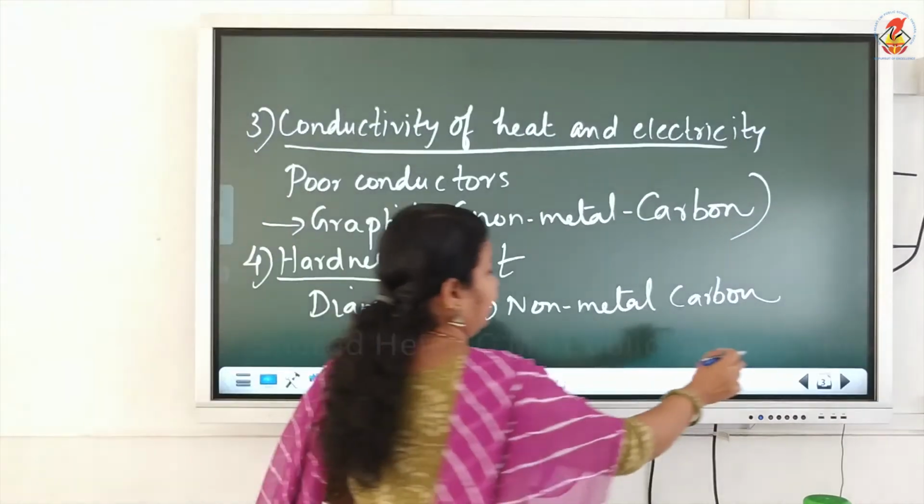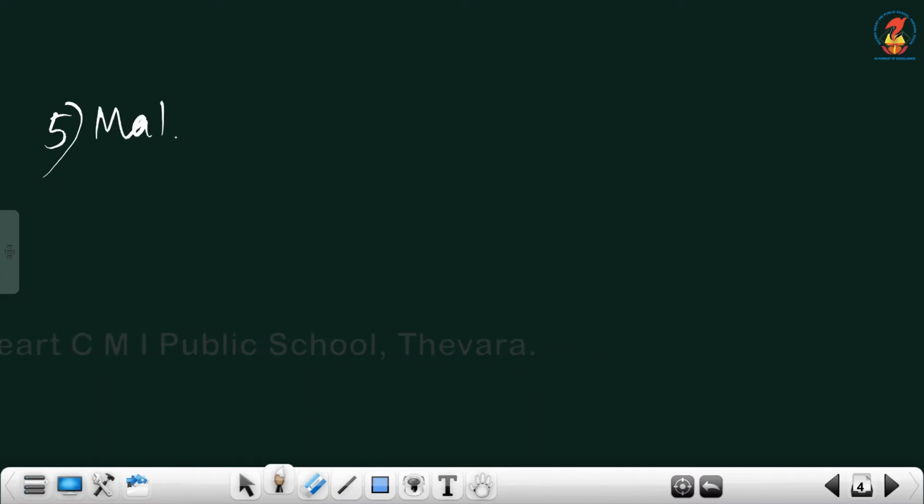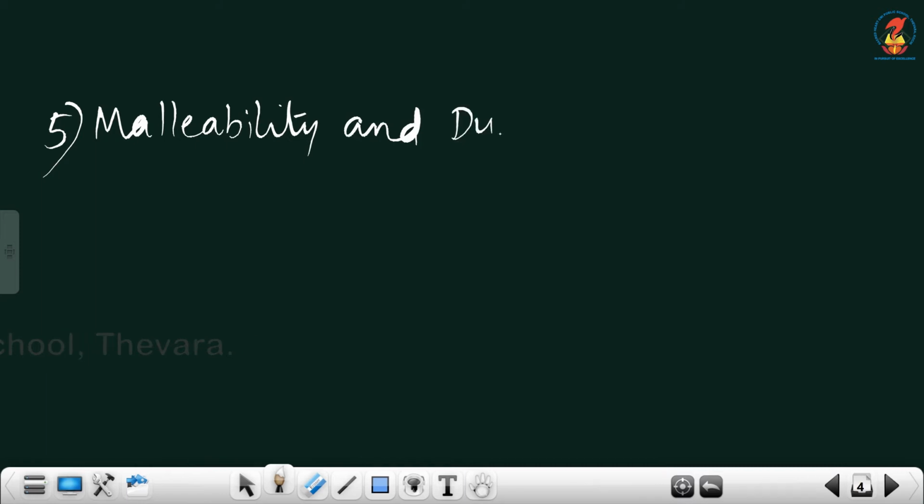Okay. Now, the next property, we will write it together. For metals, we wrote malleability and ductility separately. Here, we will write it together. Malleability and ductility.